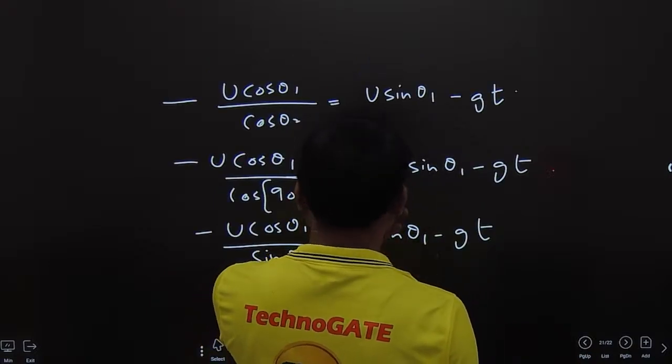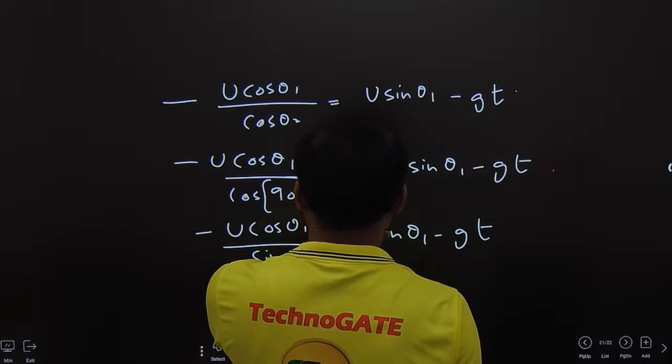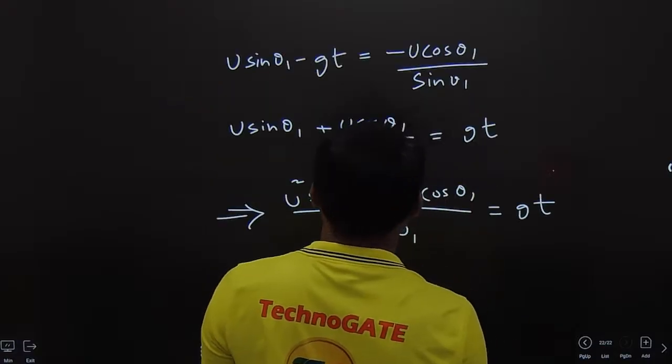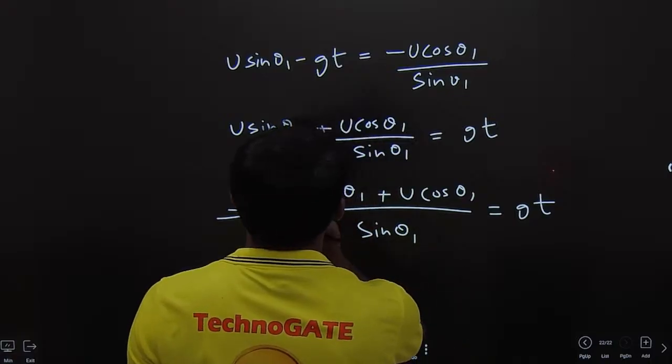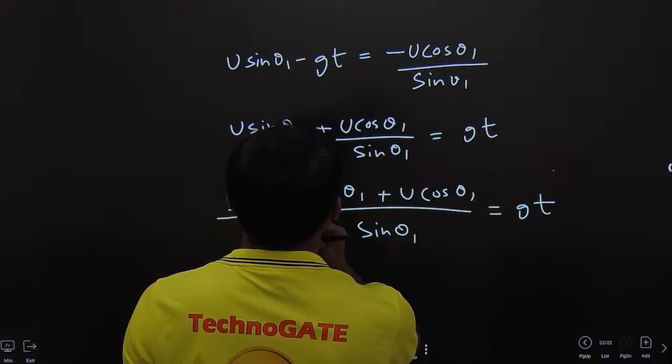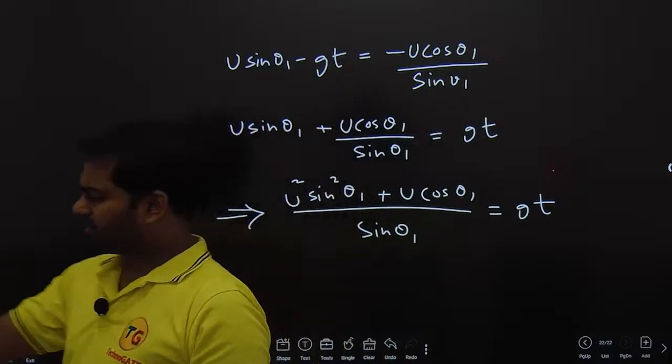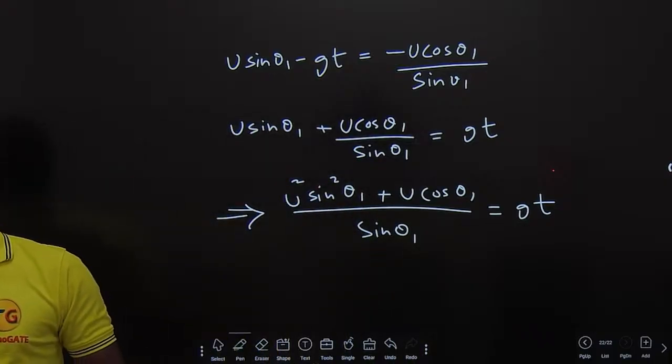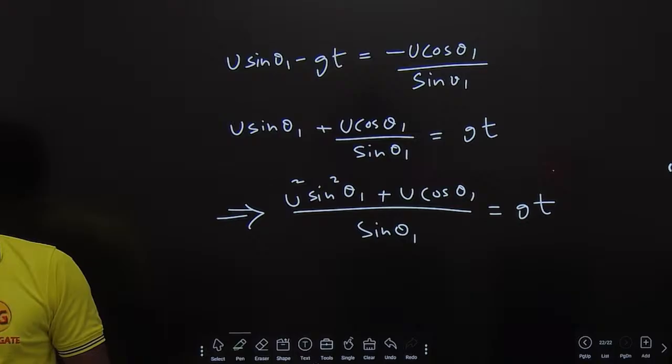U sin theta 1 minus g t. U sin theta 1 plus u cos theta 1 by sin theta 1 is equal to gt. This should be cancelling out. Let me check my solution which I did earlier. There is a mistake in v only. Let me check it.